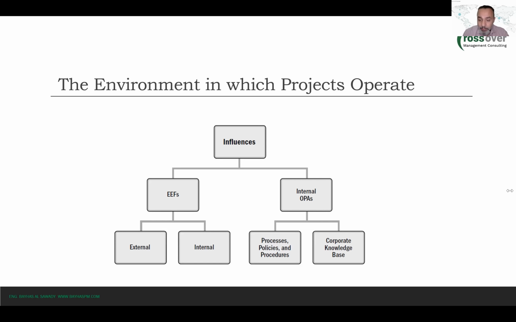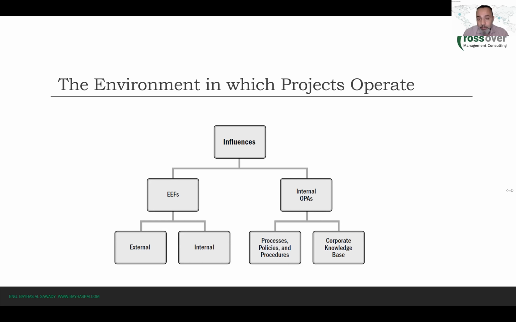Why? Because you have different factors, different infrastructures, probably a different economy, different weather conditions, a different society. So basically, I need to take into consideration all the time the internal and external factors that might impact the project and the project planning and execution.